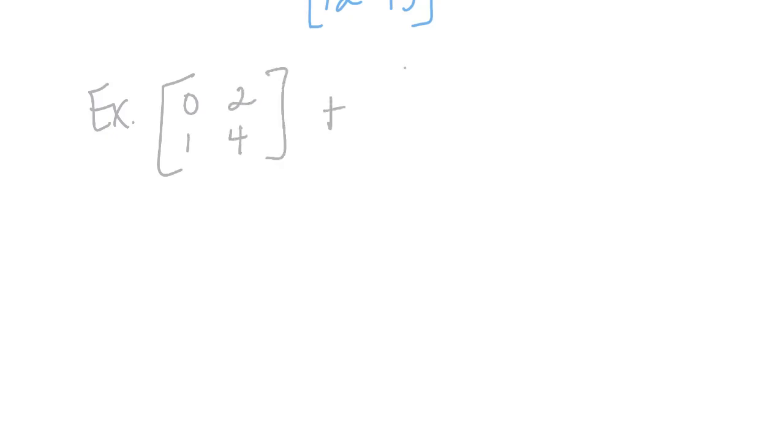Well, what happens, Miss Maloney, if we have a 2 by 2 and I have to add it with a 2 by 3? What do you think happens there? Can it happen? So let's look again.